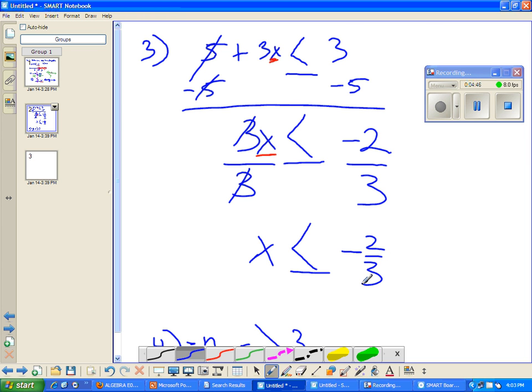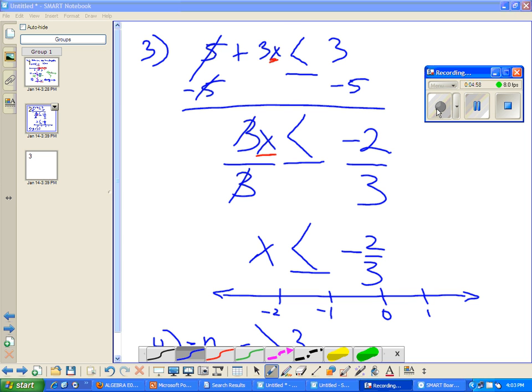Now, wanting to graph that on the number line, I have my number line right here. I know this is 0. Oops, I should move that 0 over to the other side. So here's a number line, I'll plot it out. I know that negative 2/3 is not quite negative 1, but not closer to 0.